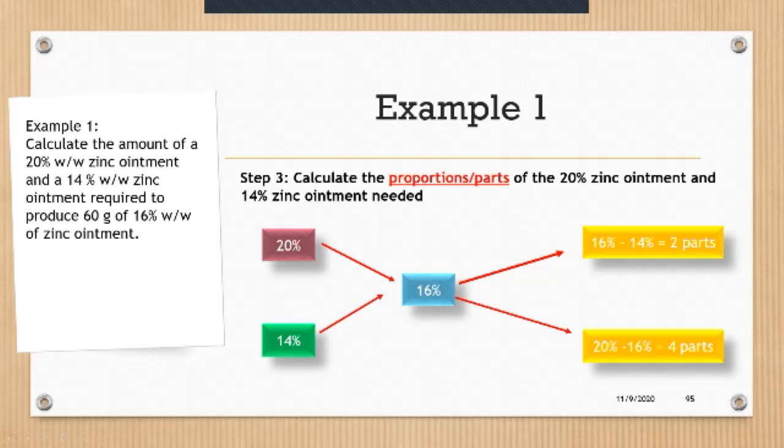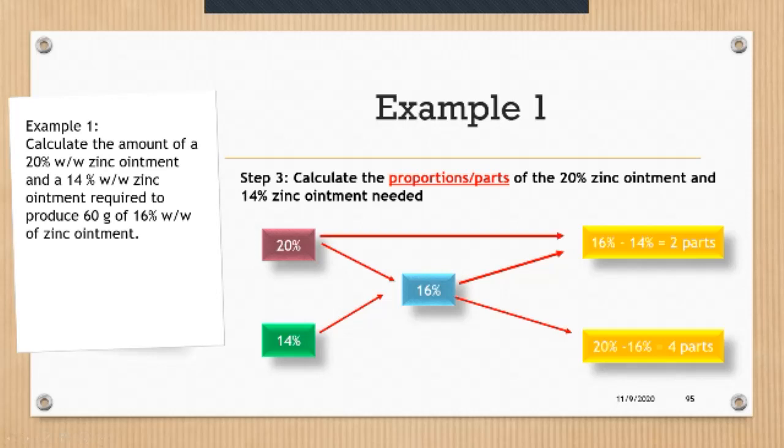It means I'm going to do a subtraction between these two percentages to get a number of parts, which is 4. So what does this mean? It means that I will be able to determine the number of parts for the 20% and the number of parts for the 14% that I need to mix to end up with my 16%. How do I do that?